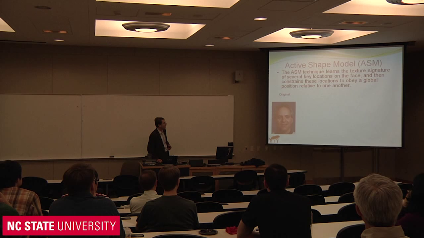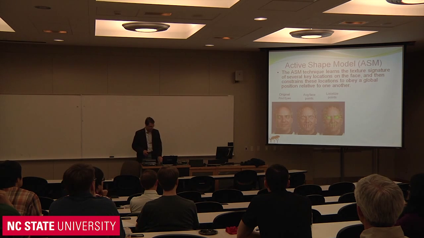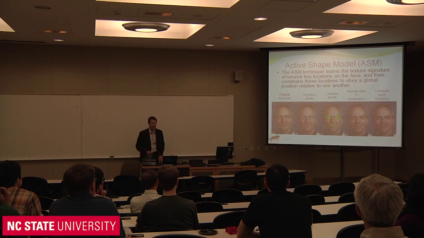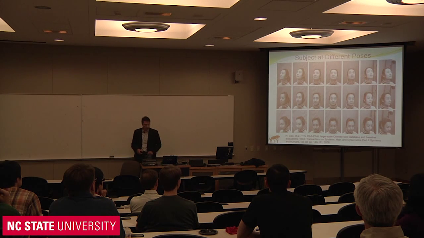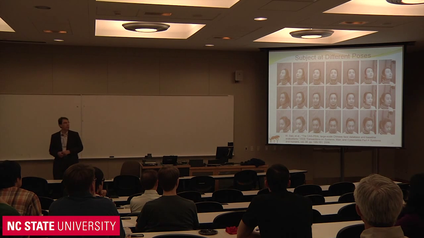So the way we do the active shape model is we start with the original, find the face like we talked about, find the eyes, and do a loose placement of this shape model based on the eyes, and then start fine-tuning it, working along the gradients. You keep doing that a couple of times, and you have pretty good localization. And now we want to start training for different cases of pose.